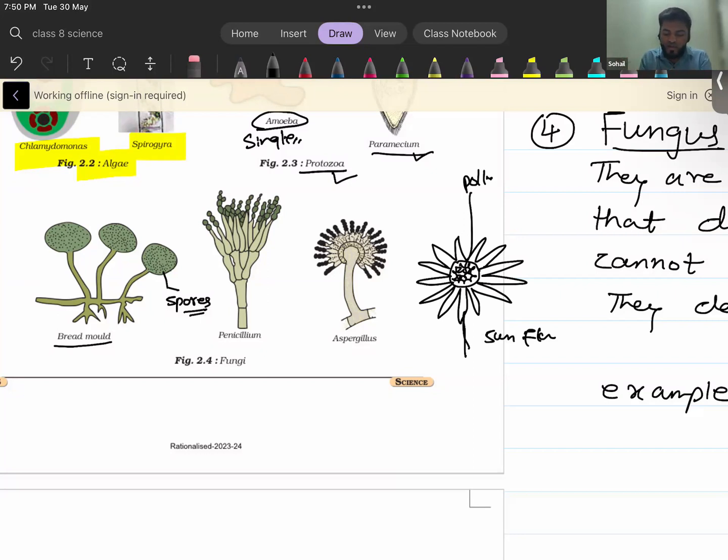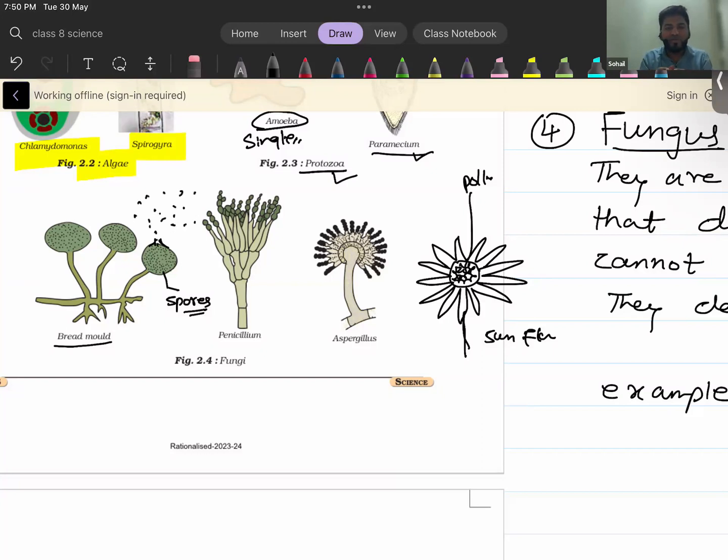So similar to the pollen grains, in the head of the bread mold you will see there are so many tiny spores present. When the head of the bread mold gets ruptured, you know what is ruptured? Yes, sir. It opens. So when it ruptures, all the spores start to come out of it and spread into the air.